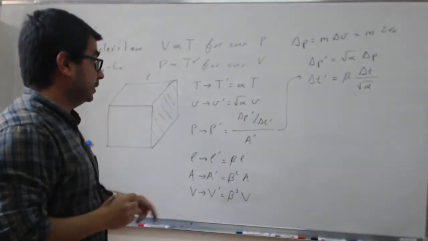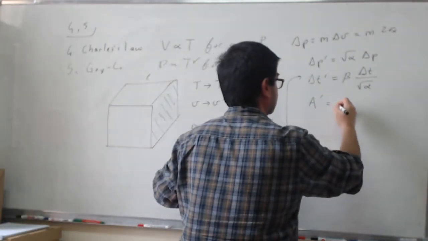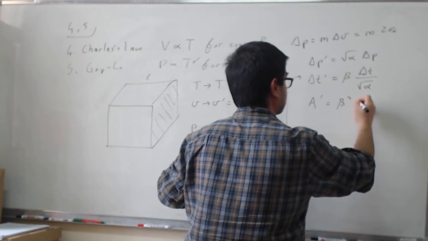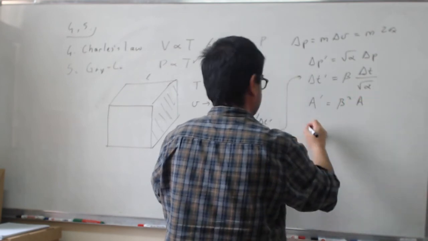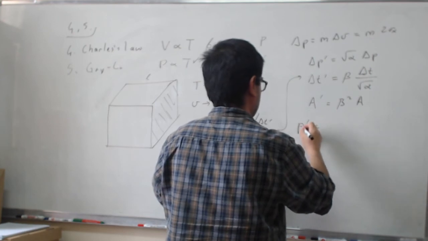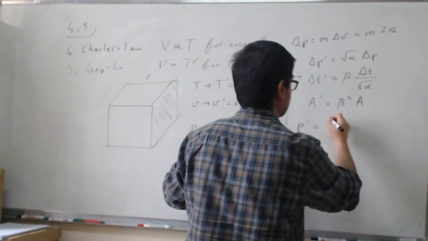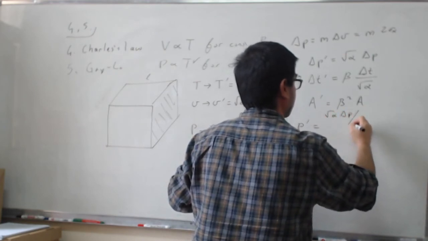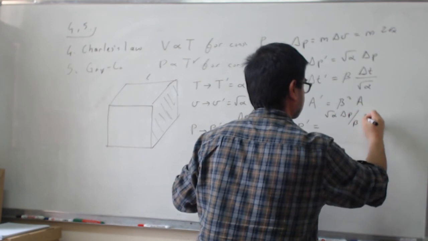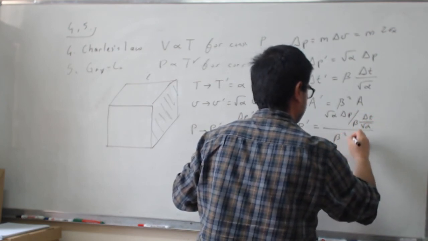Okay? And finally, now our A is not going to be the same. Our A prime is going to be just beta squared times our original A, which means that our P prime, our modified pressure in this case, is going to be square root of alpha delta P by beta delta T by square root of alpha by beta squared alpha.